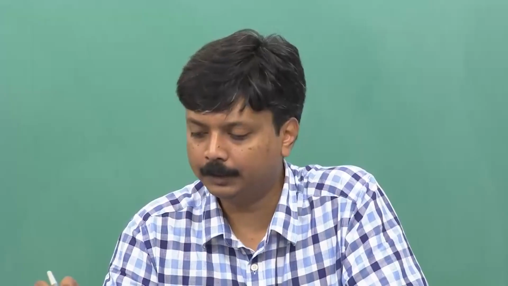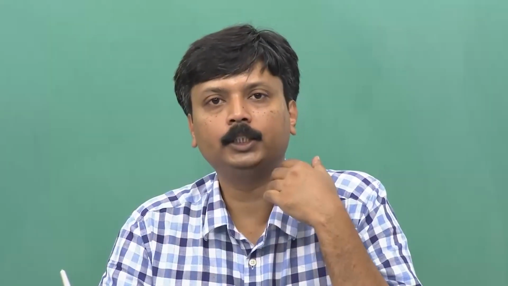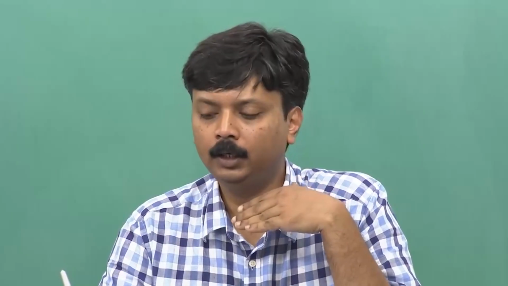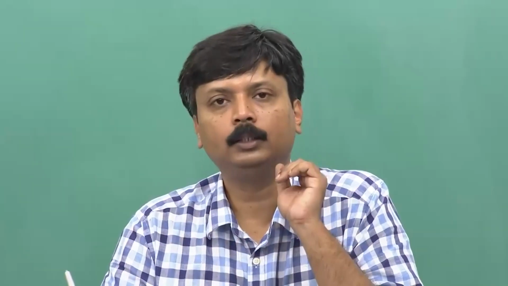One important part in this case that we will be talking about today. Though this is the value that we are getting by calculation, we also got the related selection rules for the transitions from the ground state A1G to B2U and these two B3U states.